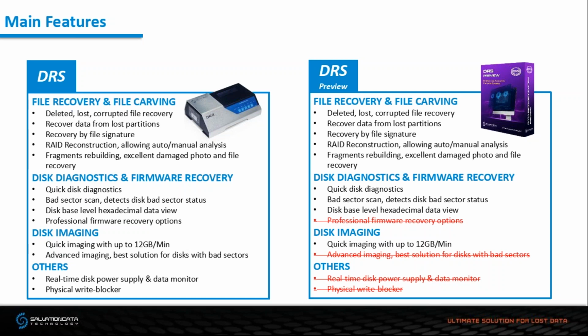But you can still get access to quick imaging, which is a foolproof high-speed imaging module with up to 12 GB per minute imaging speed. Also, some other important features such as real-time disk power supply and data monitor and physical write blocker are not available in DRS Preview.